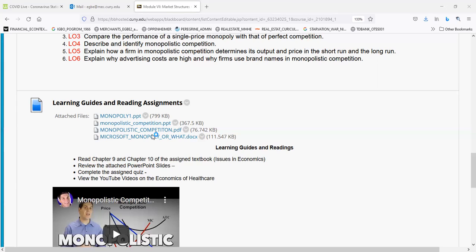And so there's an element of monopoly for the segment of the market, and there's also an element of competition, because another company can come in and offer a product that is similar but not exactly the same. Because of those variations, companies can compete, but they cannot drive each other out of the market.